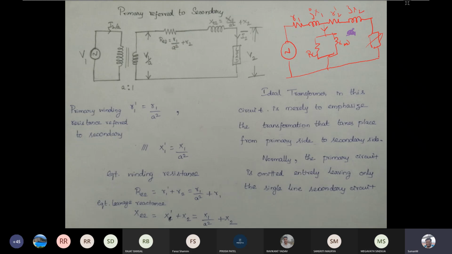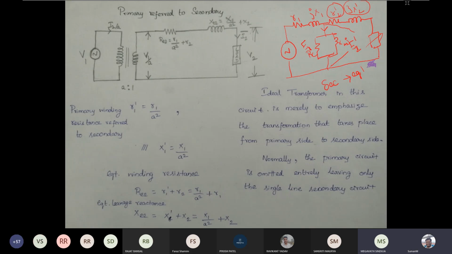Here we have changed this R2 dash and this X2 dash by making this voltage E2 dash. E1 is already there, then we made E2 dash equivalent to E1. So we made the secondary parameters equivalent to the primary.